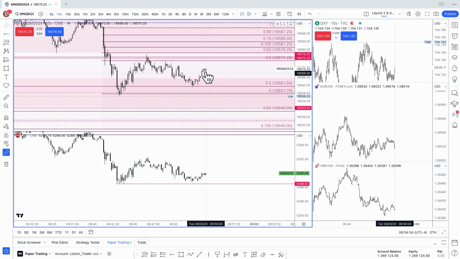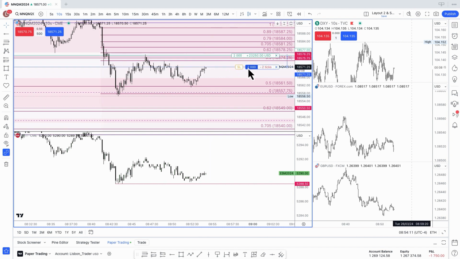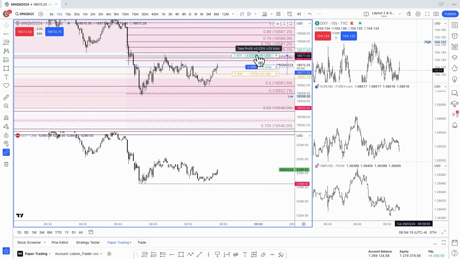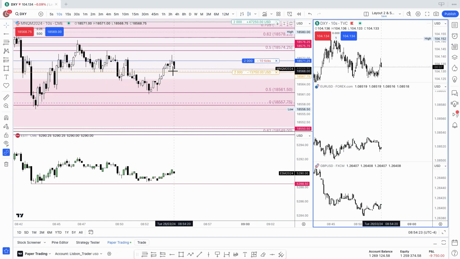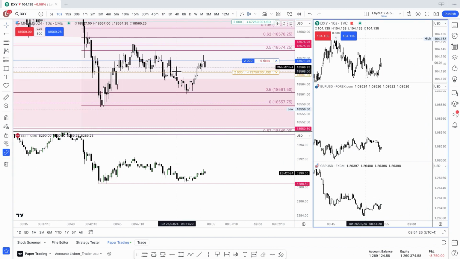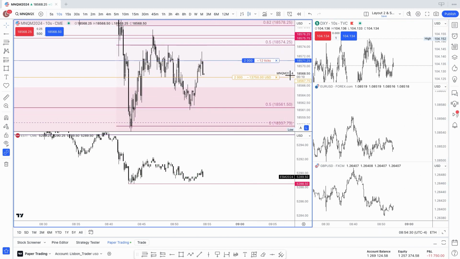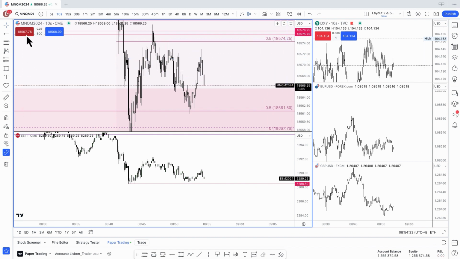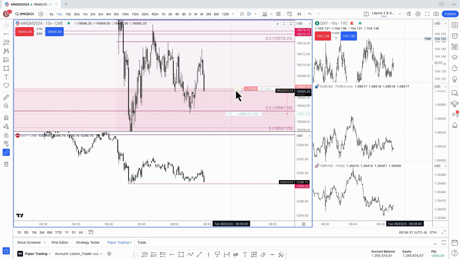Nope. It's finding support there. Let's see a spike up. Well, it's consolidating, so I'm dropping this, seeing if it takes one of the lows, and that's it.